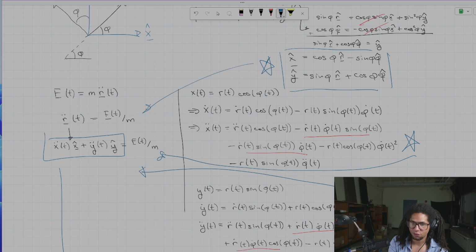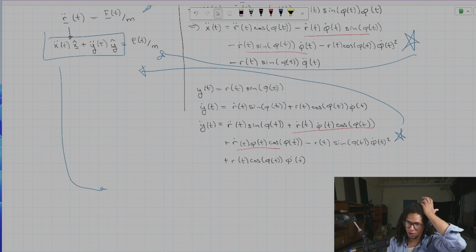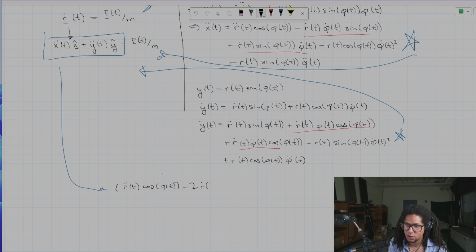And what is that going to give me? Well, there will be a lot of copying, but it's all right. R double dot of t cos phi of t minus 2 r dot of t sine of phi of t. Oops, and I forgot my phi dot.